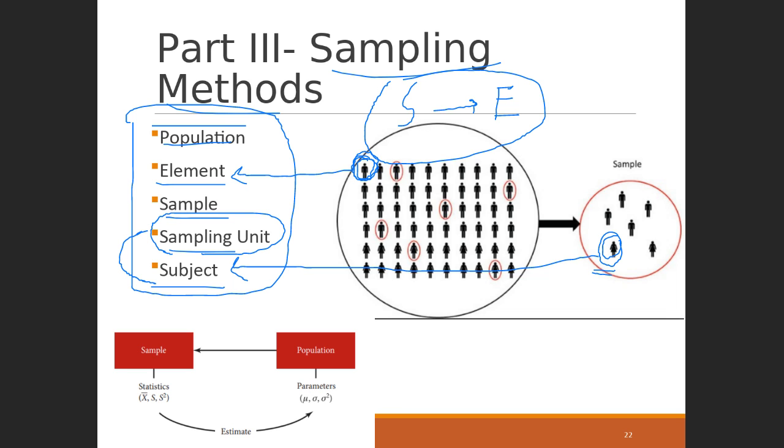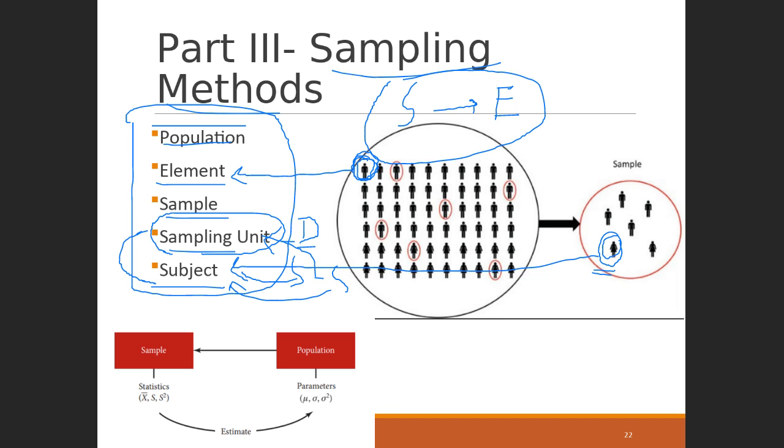The difference is the unit of analysis. For instance, we discussed the unit of analysis as well: if you are doing research on dyads, like supervisor and subordinate interaction, these are two people, a supervisor and a subordinate. These are basically two subjects, but a single sampling unit.